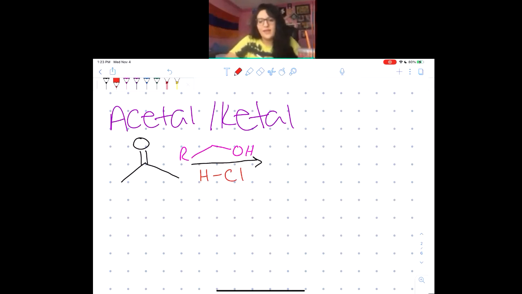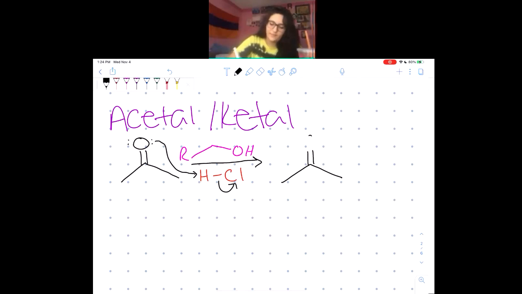If we have an acid catalyst, the first step is that the electrophile will become more electrophilic by protonating itself. So we get a plus charge here.